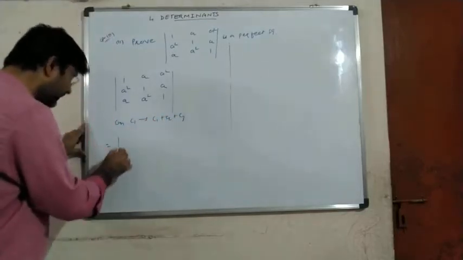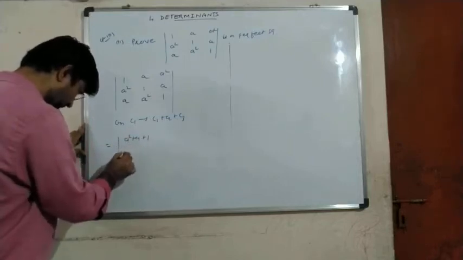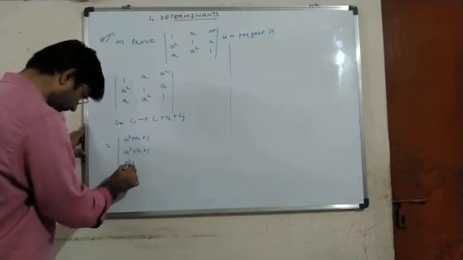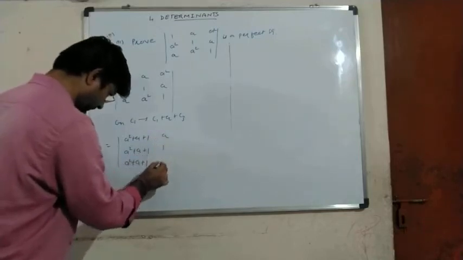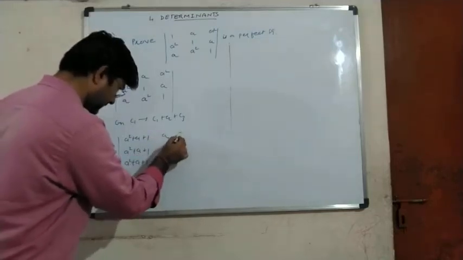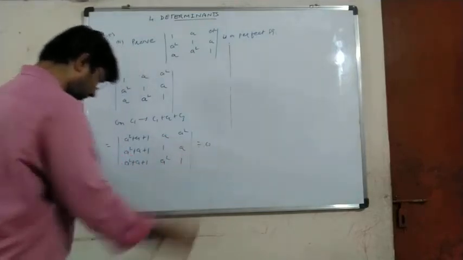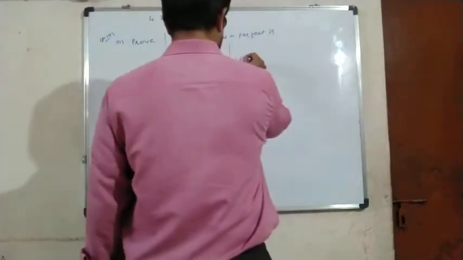So we will get a square plus a plus 1, a square plus a plus 1 and a square plus a plus 1. Let us take a square plus a plus 1 common from the first column.